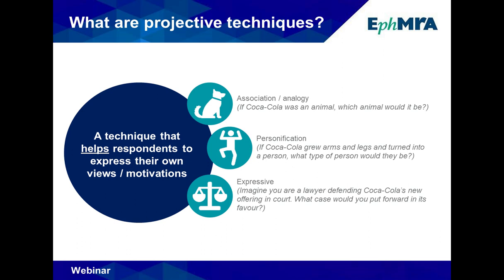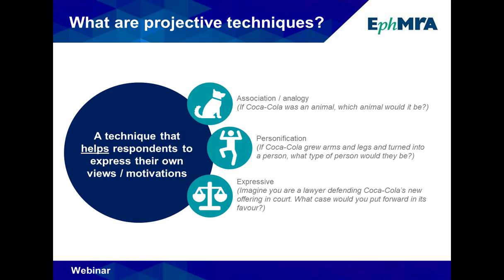It could be in the group of personification: if Coca-Cola was a person, what type of person would they be? Or they could be expressive, when we're asking respondents to imagine, for example, that they are a lawyer defending Coca-Cola's new offering in court. What case would the respondent put forward in its favor?